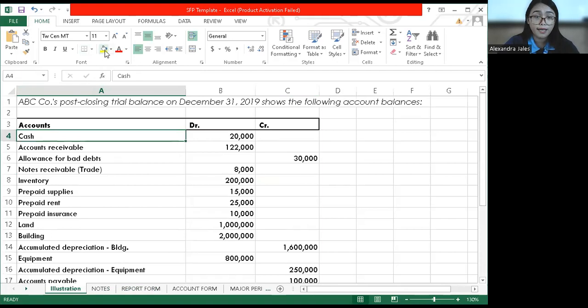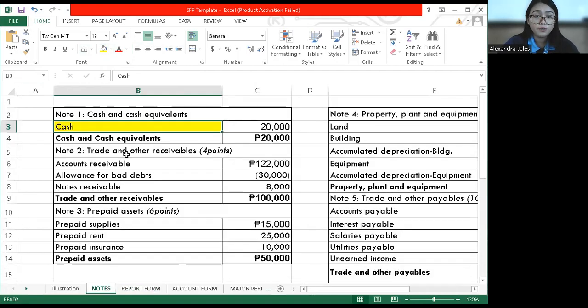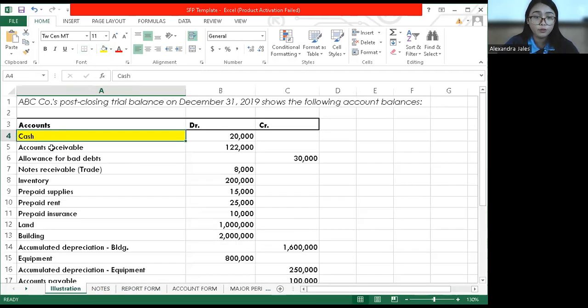So we have here cash. What else? In your notes receivable, we have these following accounts, right? Accounts receivable, allowance, notes receivable. So we have to highlight this following because we're going to use the accounts that will not be highlighted for your report and account form.